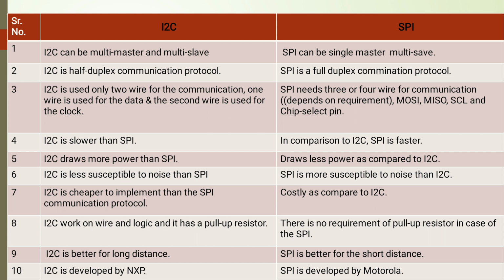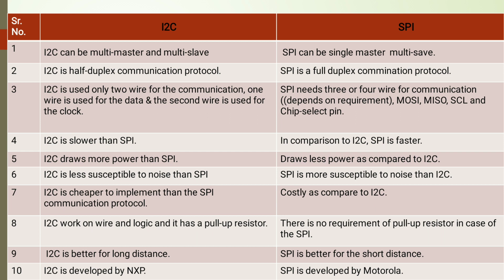I2C is less susceptible to noise, that is, noise immunity is more in I2C as compared to the SPI communication protocol. And I2C was developed by NXP, and SPI was developed by Motorola. So these are some differentiating points between I2C and SPI.